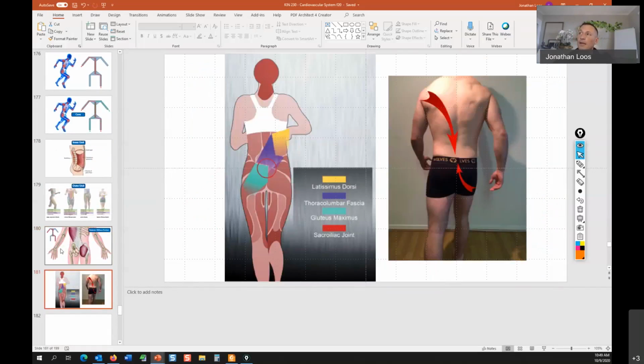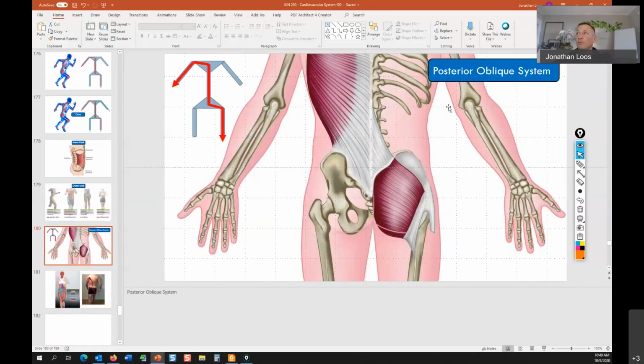And if you're doing something like a squat, you have both of these posterior oblique systems working. That's what's helping you out of that position for the squat or the deadlift. And in the thoracolumbar fascia, you also have your external oblique, internal oblique, and transverse abdominis, everything integrated through here. So instead of just the glute doing the work, the body's able to synergistically take in other muscles and produce that force. And that's your core.